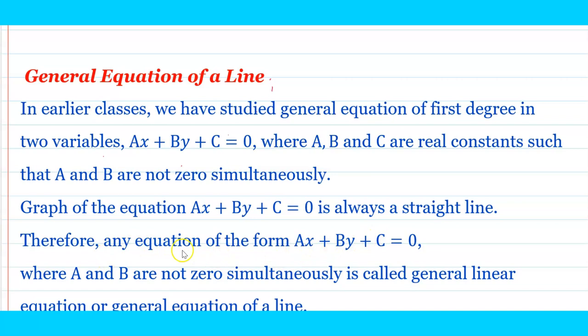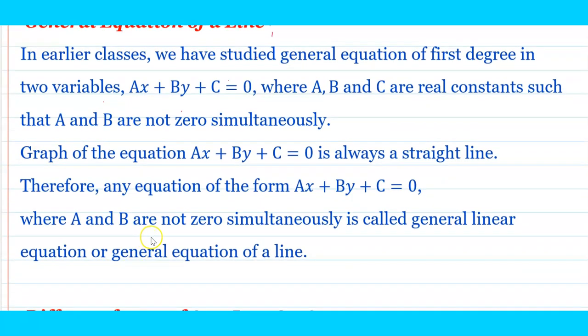Therefore, any equation of the form ax plus by plus c is equal to 0, where a and b are not 0 simultaneously, is called a general linear equation or general equation of a line. That is, ax plus by plus c is equal to 0 gives us the equation of a line.